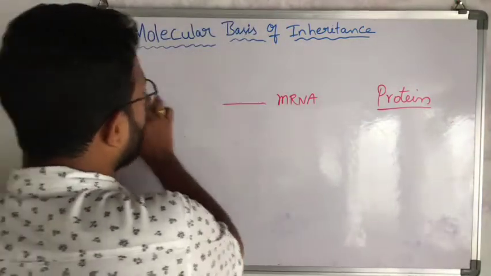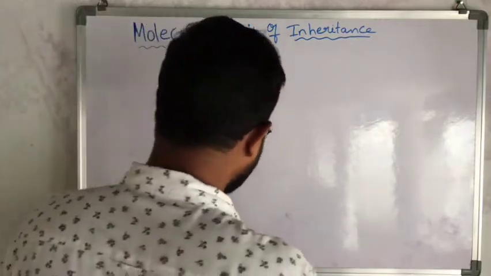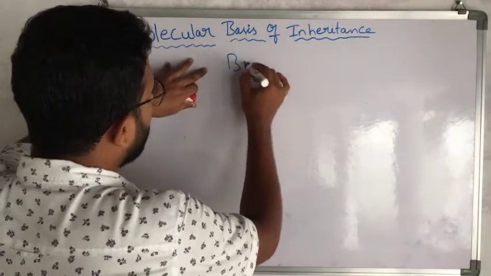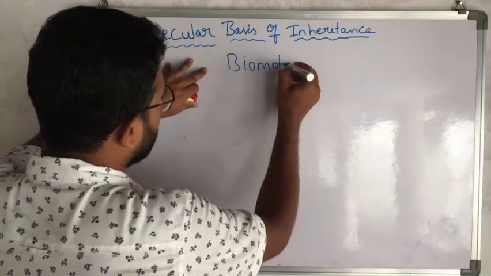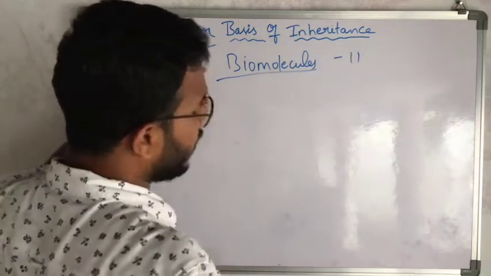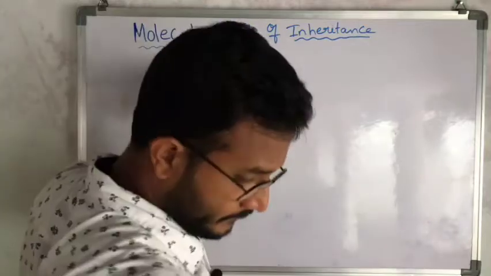First of all, we have to know the basic structural details of a protein. Actually, these are present in the biomolecules chapter, that is an 11th standard topic. So actually we didn't complete that one.